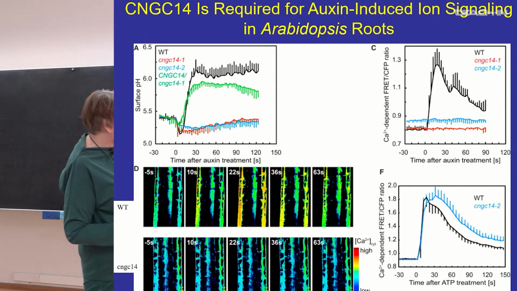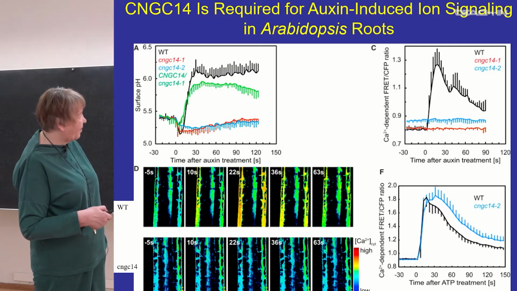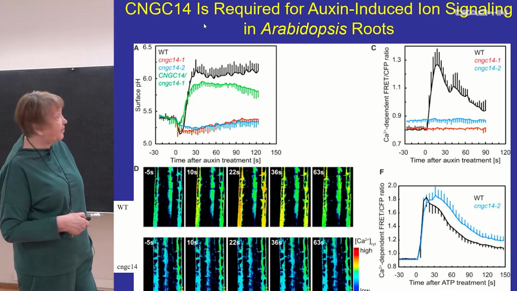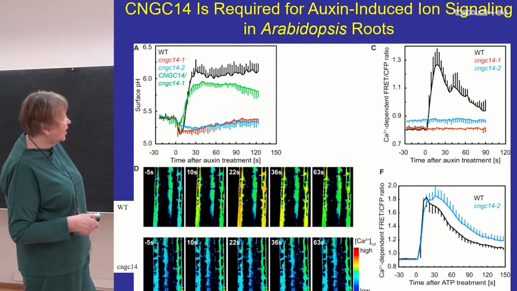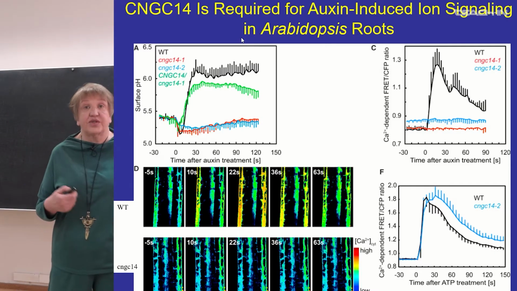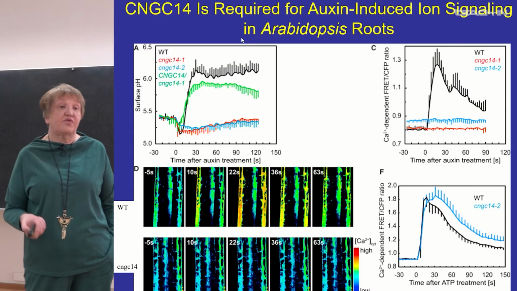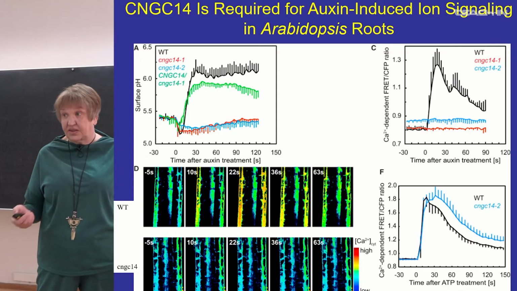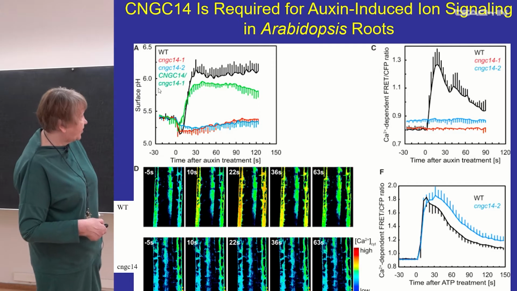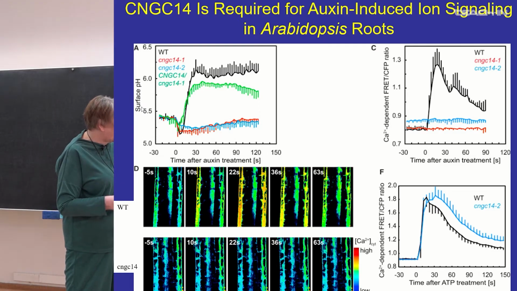So here is an example from a paper dedicated to this particular channel, and they show that this channel is required for auxin-induced ion signaling. Here you see the changes in surface pH.